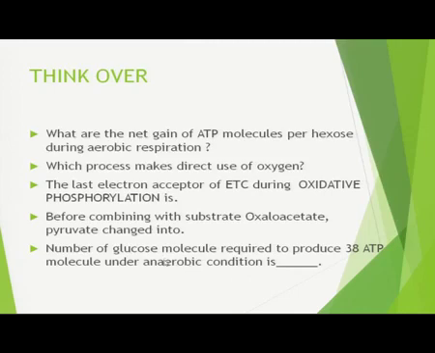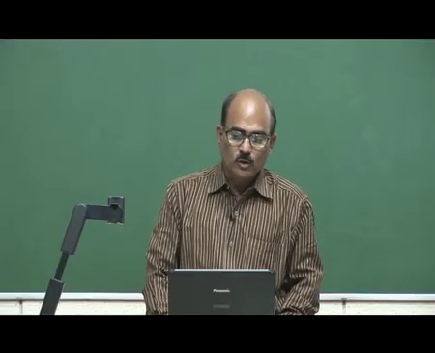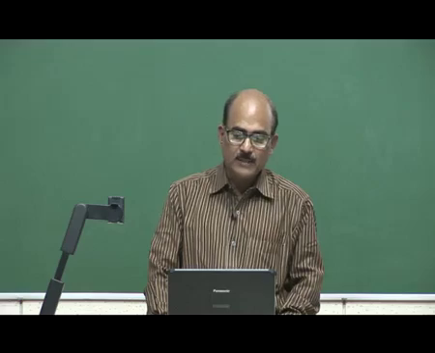For 2 ATP, the number of glucose molecules involved in anaerobic respiration is 1. So, 1 glucose molecule for 2 ATP. How many glucose molecules are involved to produce 38 ATP molecules under anaerobic conditions? This is my question to think over at the end of this chapter.